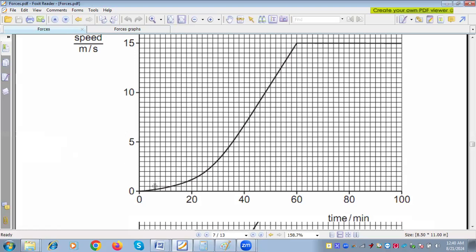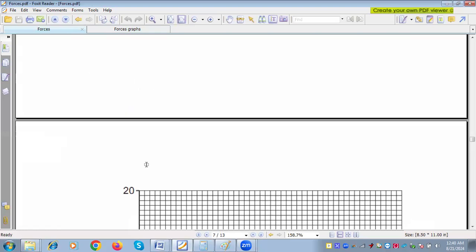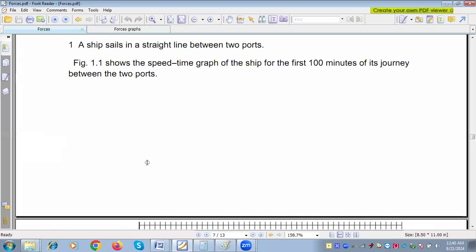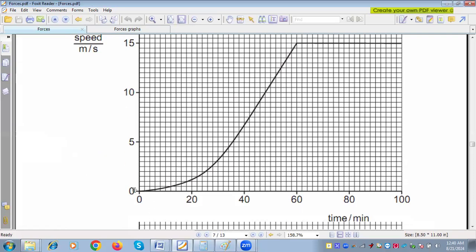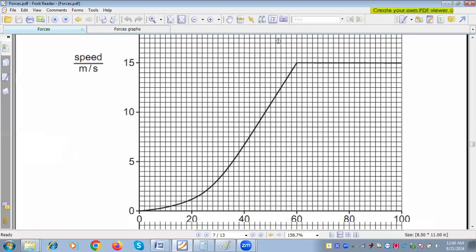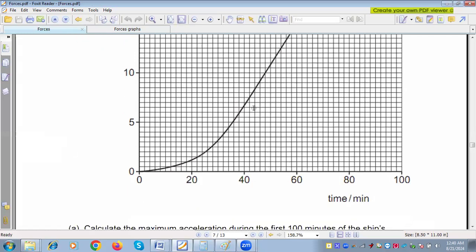So the ship is starting from zero. It accelerates slowly in the beginning, then at a uniform rate, and afterwards it goes with a constant velocity of 15 meter per second. This is what we analyze from the graph.